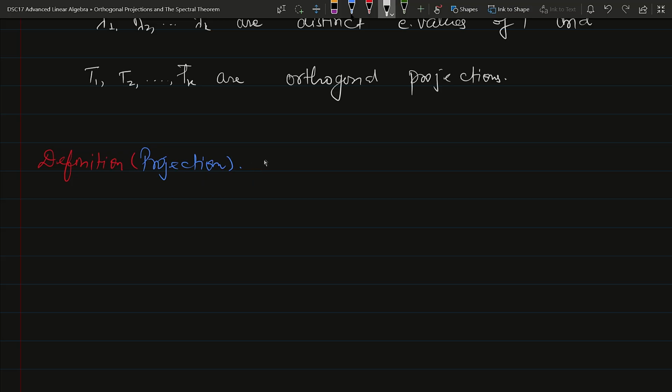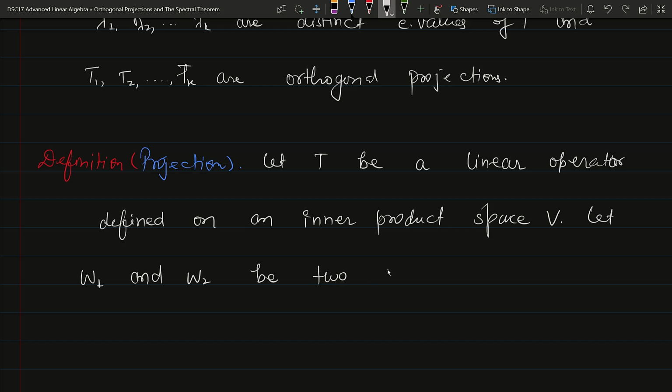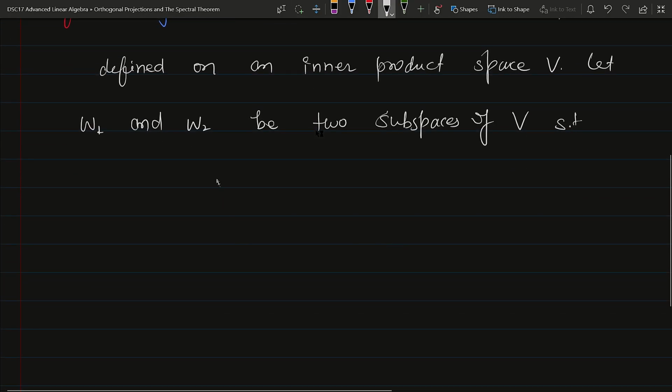Okay, so let T be a linear operator defined on an inner product space V. Okay, let W1 and W2 be two subspaces of V such that this V is the direct sum of W1 and W2, such that V is equal to W1 plus W2.